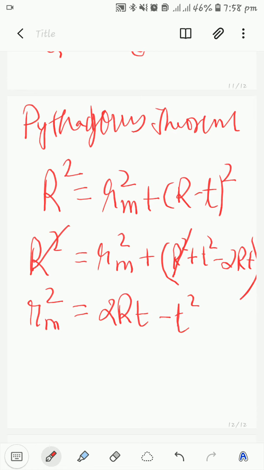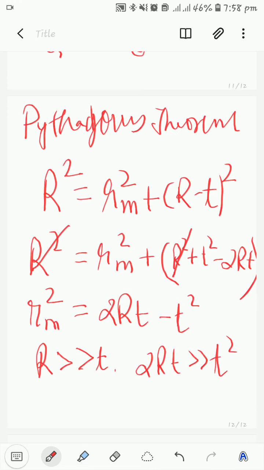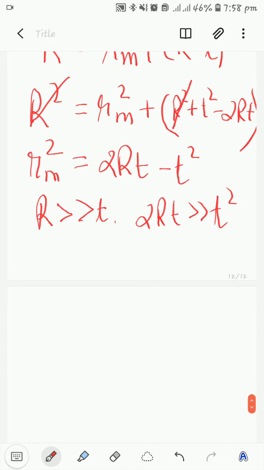Okay, so what happens next, we can say that R is very much greater than the thickness T, and 2RT is very much greater than T square because the thickness will be very small.